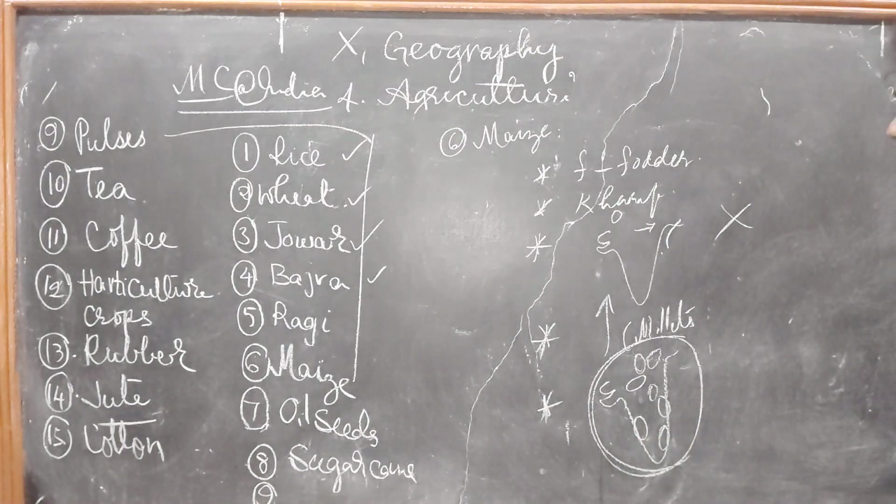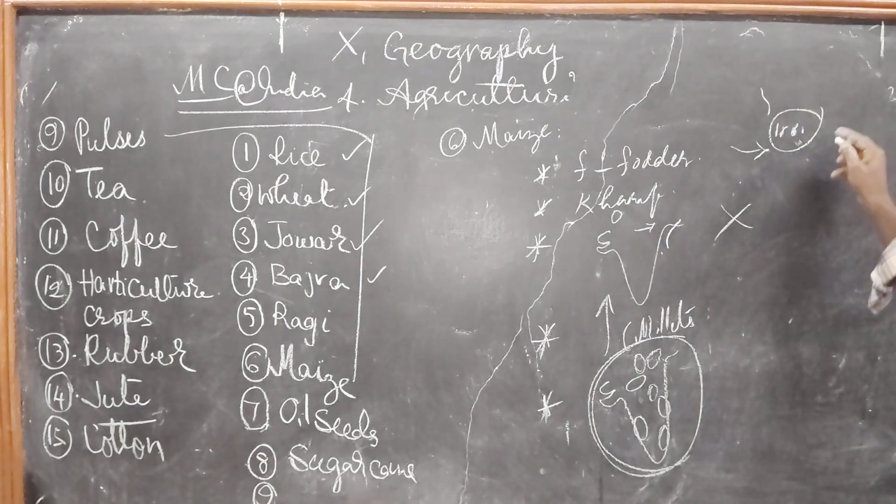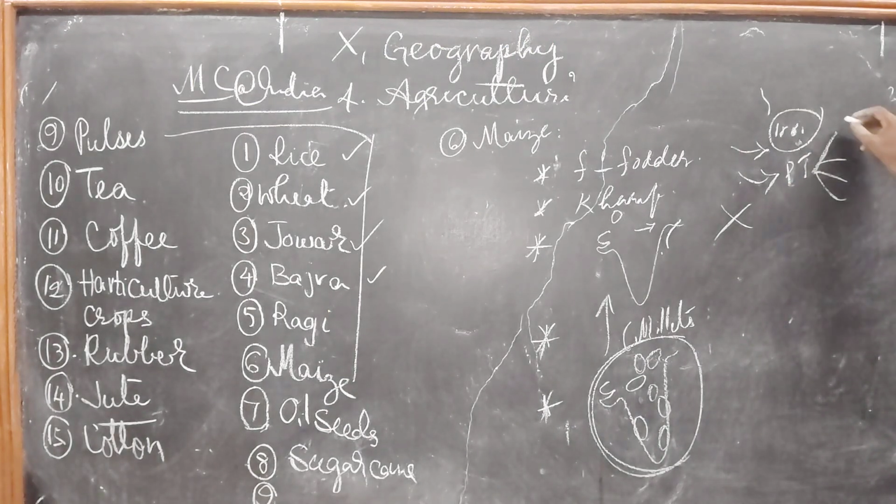So, if you provide irrigation or package technology, meaning irrigation, HYV seeds, pesticides, herbicides, the yield is very high.